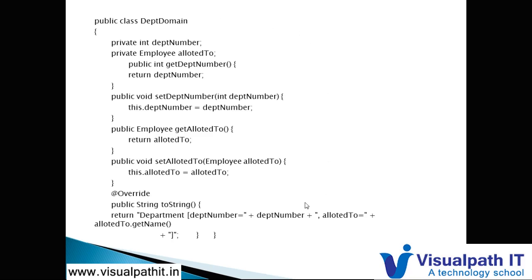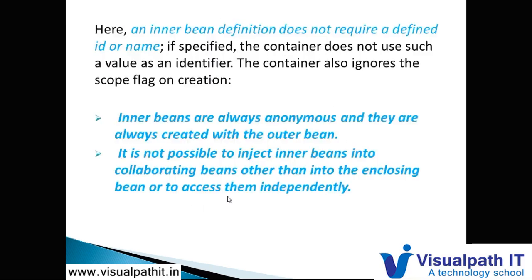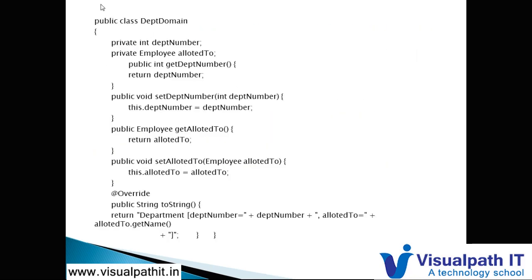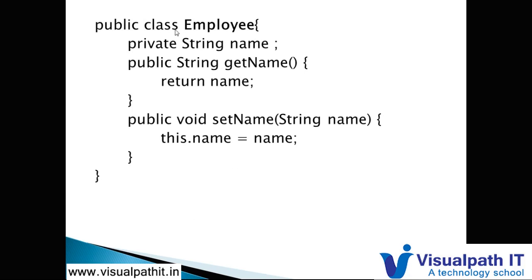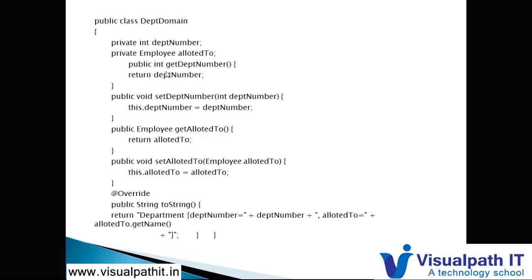So this is the department domain, and this is an employee class, a POJO with get name and set name. Here, getting the department number, setting the department number, and get allocated to and set allocated to, overriding that particular department number and the name.